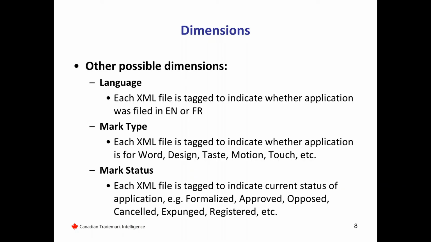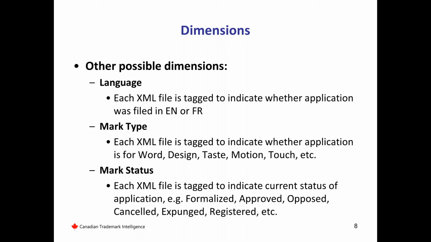The tagged fields in CIPO's Trademark XML data can be used to create many other useful dimensions. For example, each XML file is tagged to indicate the language, English or French, in which the application was filed. As you'll see in the upcoming Part 5 demo, a language dimension lets you slice and dice the data based on language.